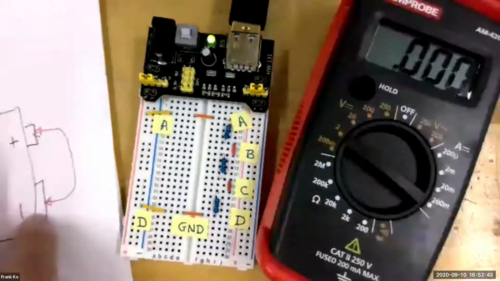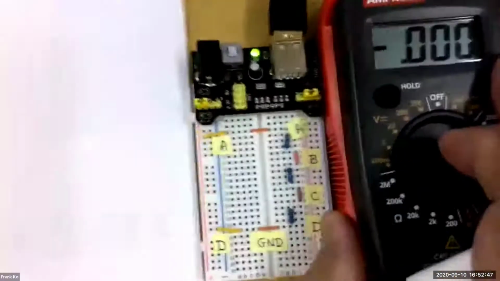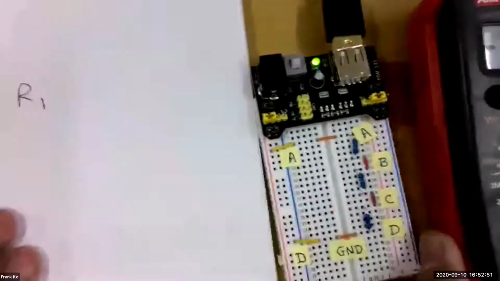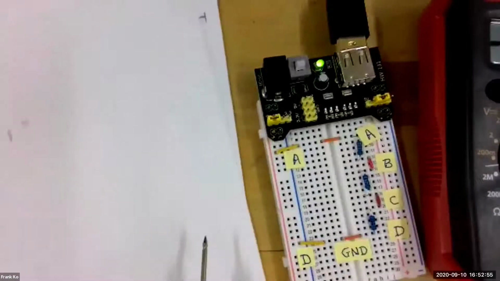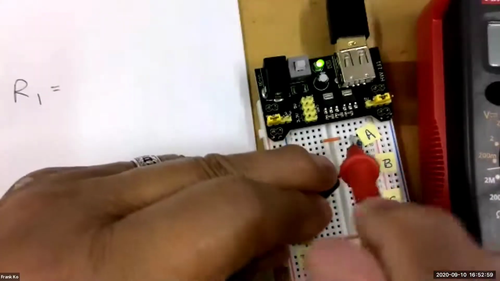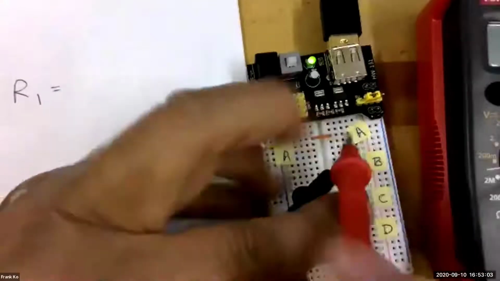So what we happen to have, my friends, is this. We happen to have for R1, let's measure that guy again. We'll record the value. This guy from here to here was overscale, so I have to go back to 20.